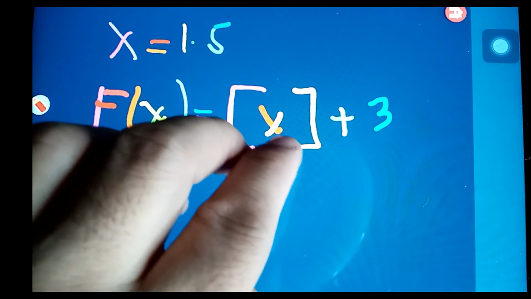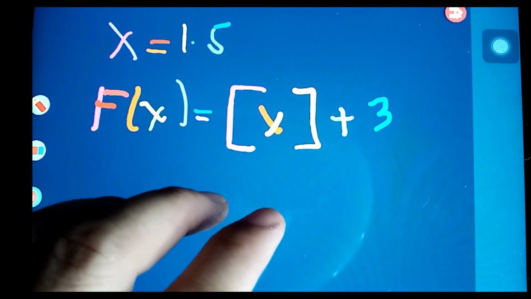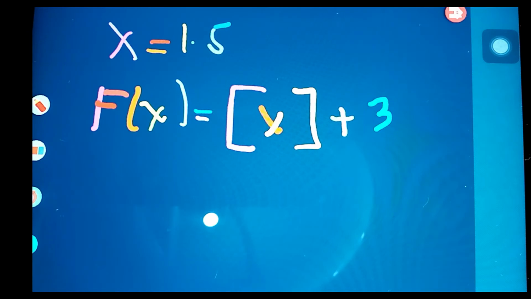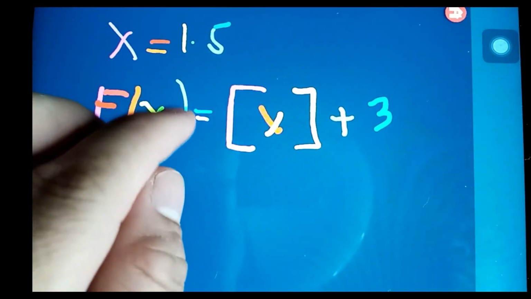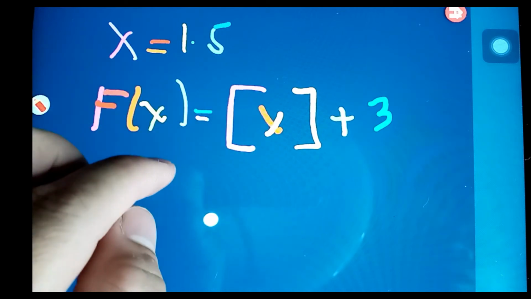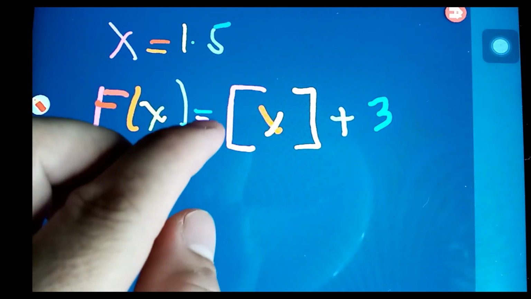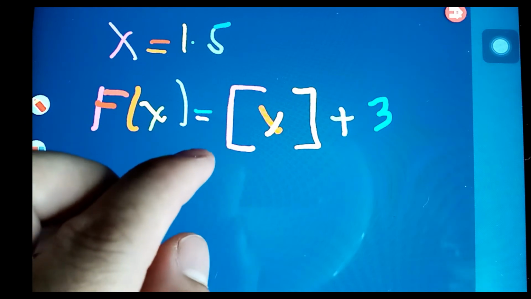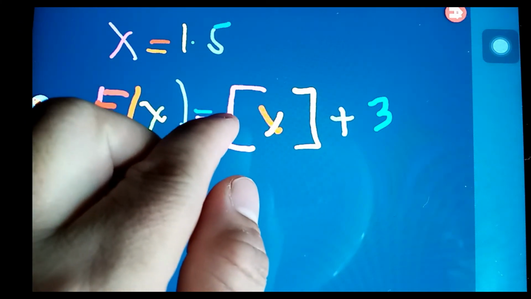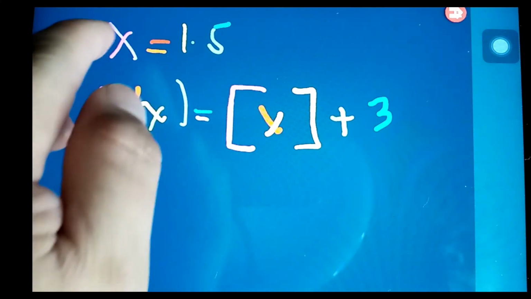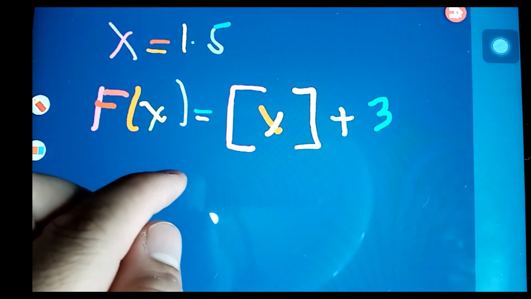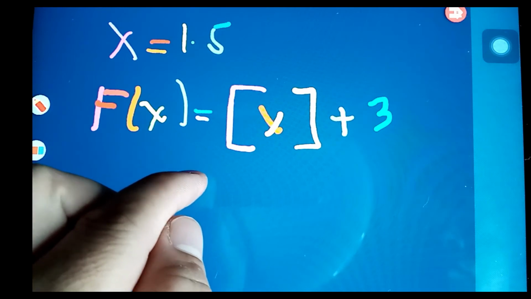This notation is symbolized as the greatest integer function. I will give some examples. Let's say we have the values of x 1.1, 1.5, and 1.7. The greatest integer of those is 1. If x is 1.5, what is the value of the given function?